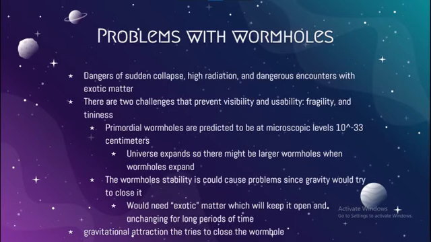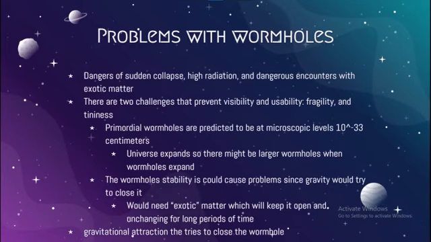But anyways, with wormholes there come many problems, and problems with creating wormholes and not being able to spot any are two big things. Some problems with creating ones are the danger of sudden collapse, high radiation, and dangers with exotic matter. There are two challenges that prevent visibility and usability, which are tininess and fragility.